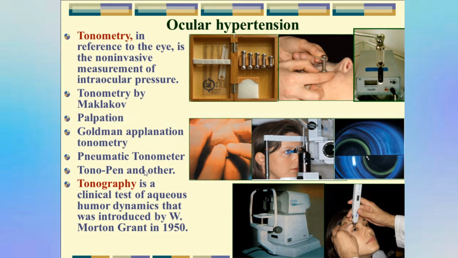Pneumatonometry is a non-contact method, and we can measure intraocular pressure just with air. It's good, but this method is not always right. That's why it's more of a screening method.